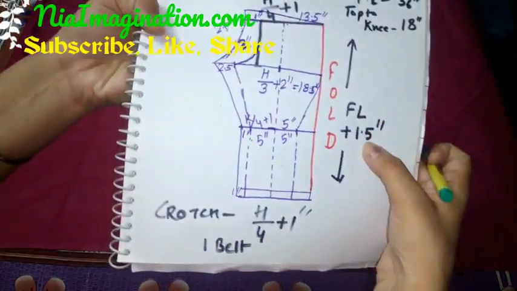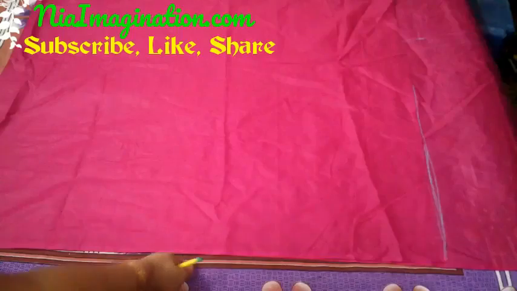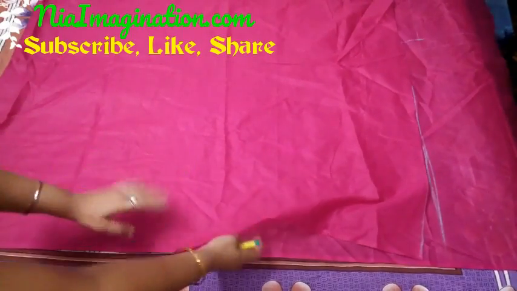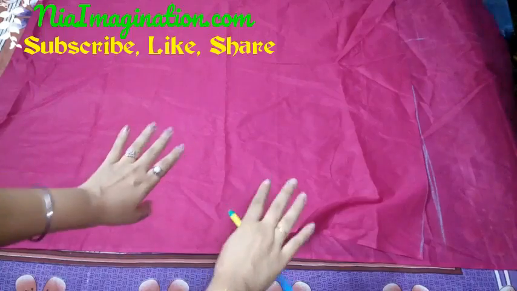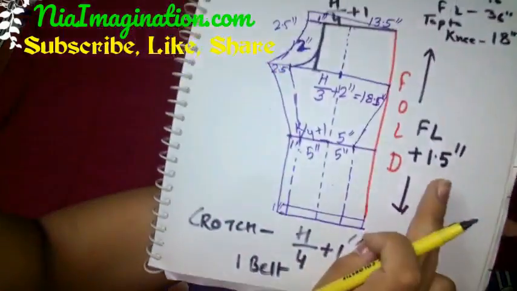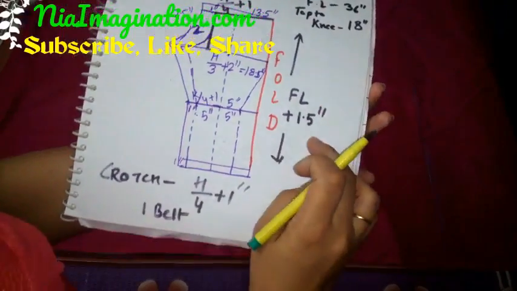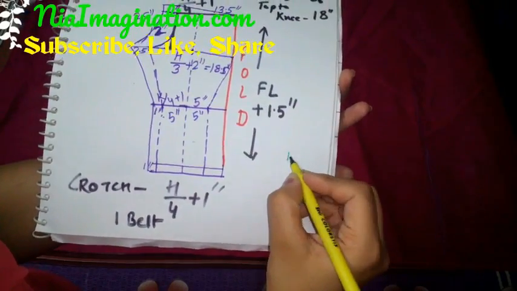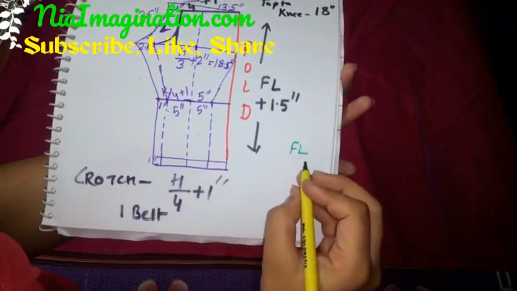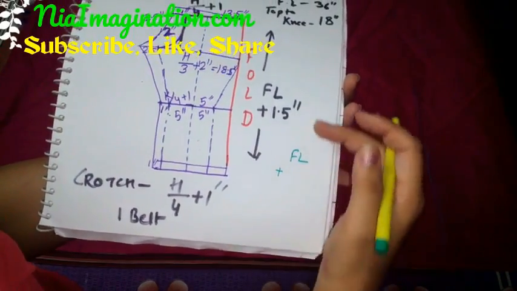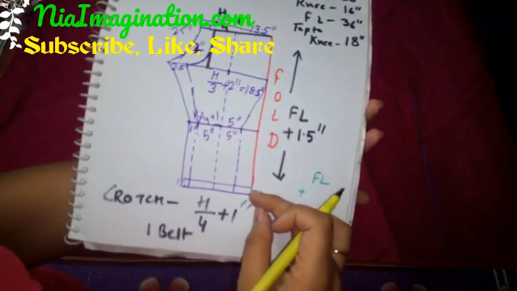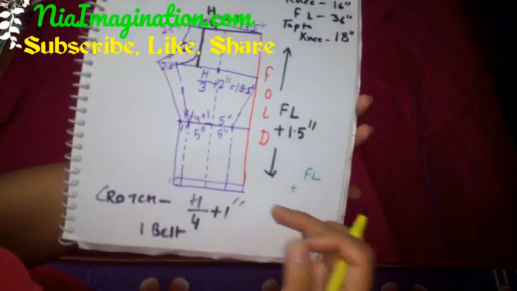If we see how to take, this is full length plus 1.5 inch for one leg, and one full length plus 1.5 inches for the two panels of the front. It means two legs of the front panel. Okay, so if we want to see how this full length plus 1.5 inch comes, I require total full length plus half inch on top margin and 1.5 to 2 inches on bottom margin.